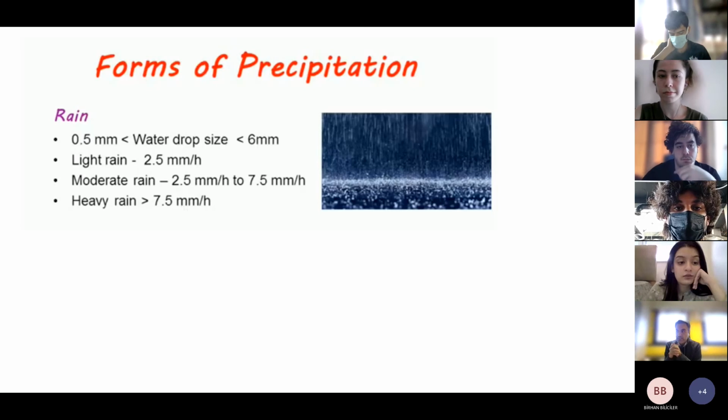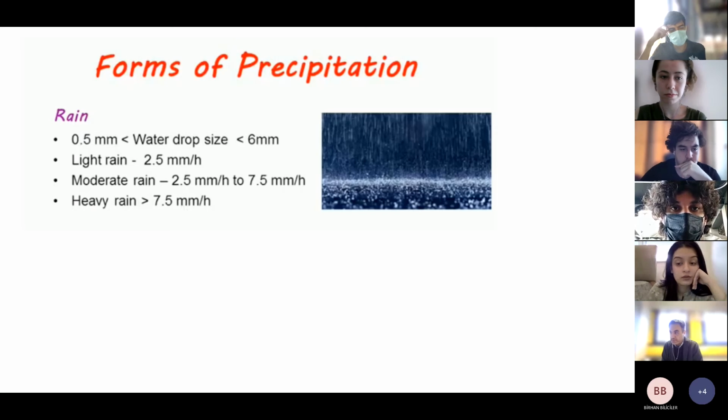If the intensity is less than 2.5 millimeter per hour, it is called light rain. If the intensity is between 2.5 millimeter per hour and 7.5 millimeter per hour, it is called moderate rain. For heavy rain, the intensity of rainfall is more than 7.5 millimeter per hour.